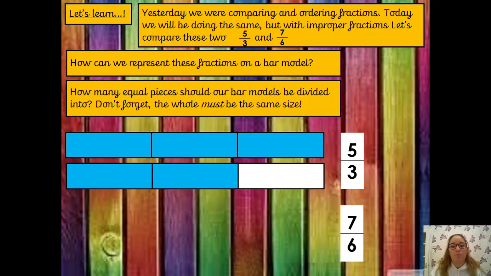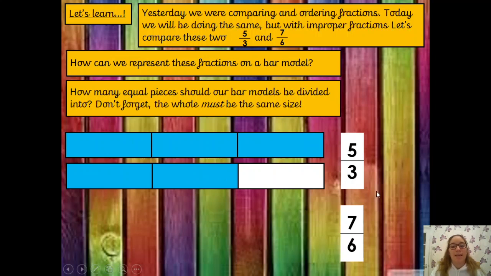We've got 5 out of the 3 parts, so we can colour 5. So 3 shows 1 whole, and then we've got 2 extra, because if we divide 5 by 3, we get 1 whole and 2 left over. So it's the same as 1 2/3.